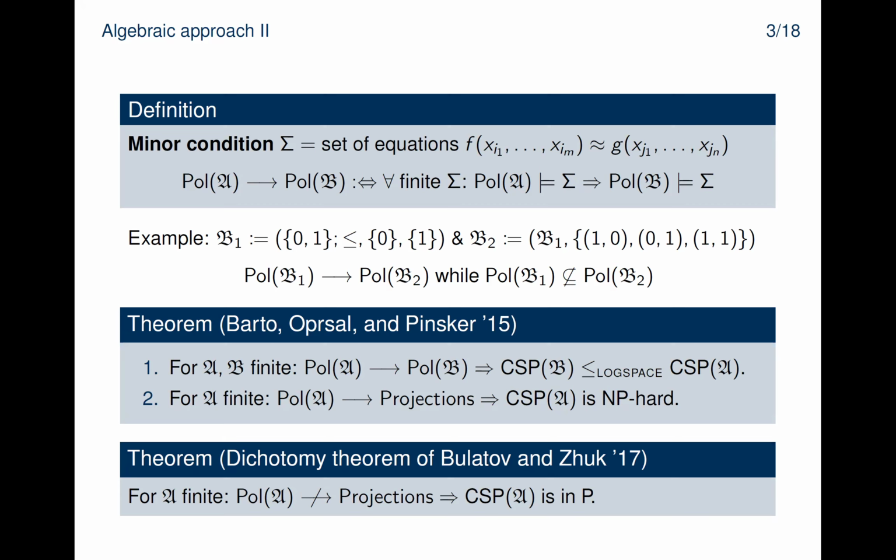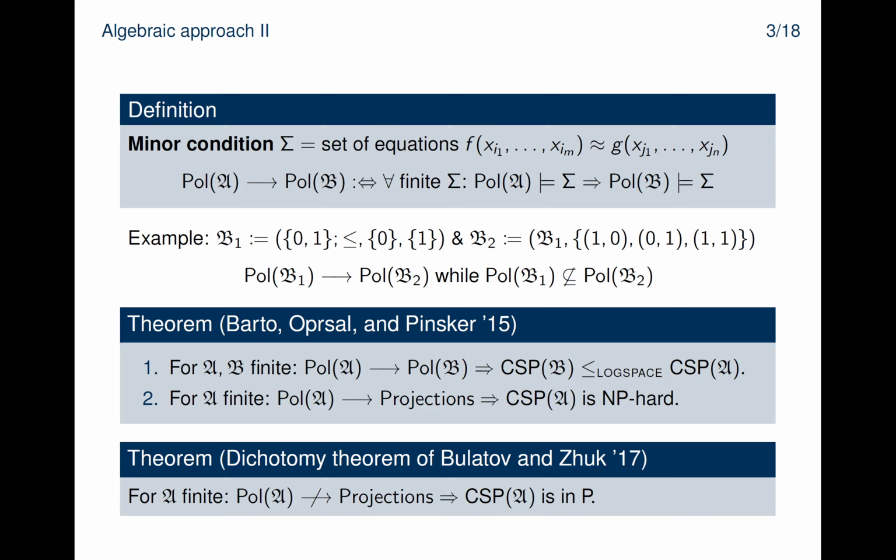Can you say what it means? Pol A satisfies sigma means what? You were asking about Pol A satisfying sigma, what this means. In the definition, yes. Right. So Pol A satisfying sigma means that we can take this set of equations and we can assign polymorphisms to every single symbol in this set of equations. By this I mean the operation symbols f and g, right?